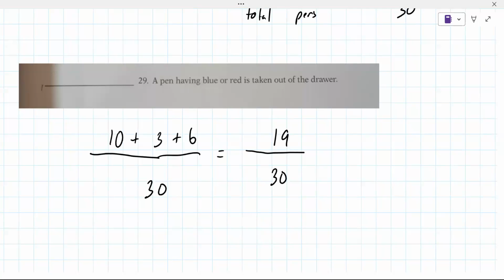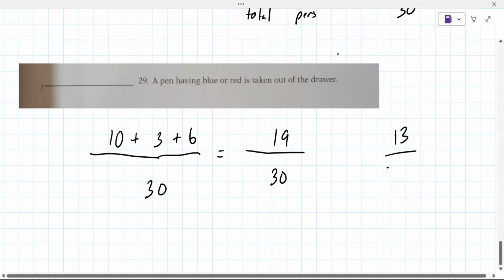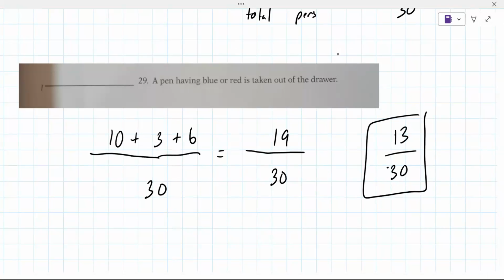I would say so. 19 out of 30. Also, there could be 13. How do you get 13? We would not use the 6 blue and red, so you're right. Another possible answer is 13 out of 30. I don't know because I didn't write the problem and it's very unclear.